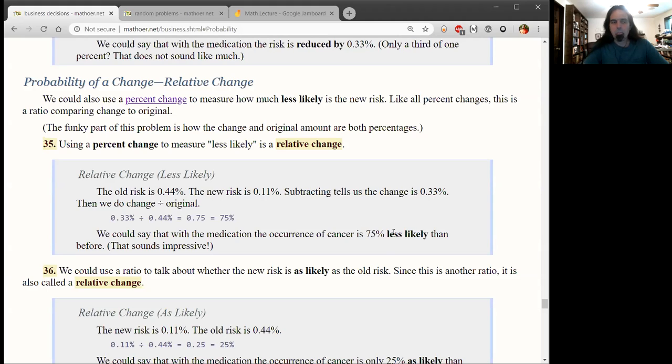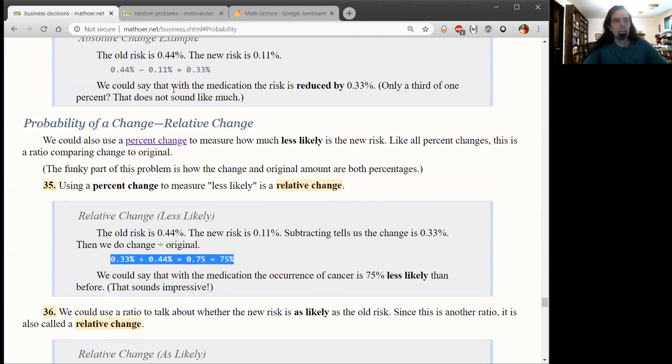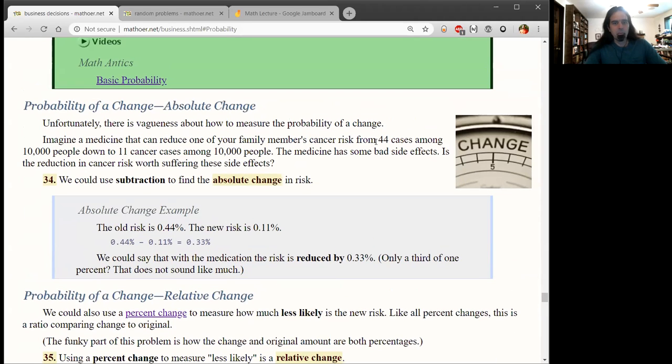The reason this number is big is we're only talking in this case about the people destined to get cancer. Everyone in this equation was part of either the 44 or the 11.